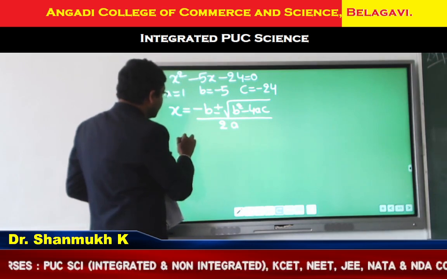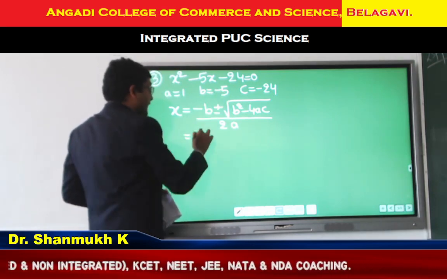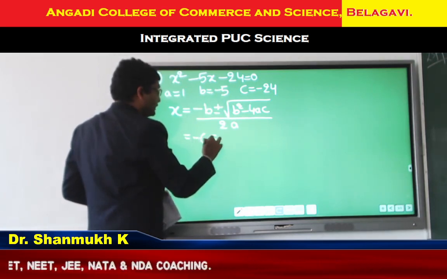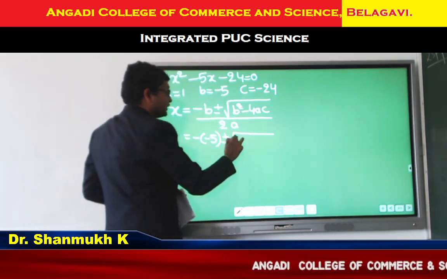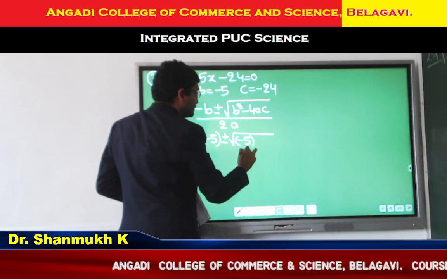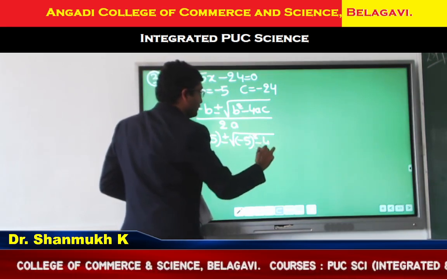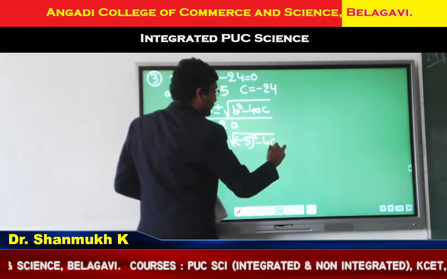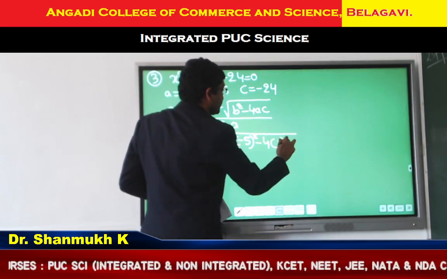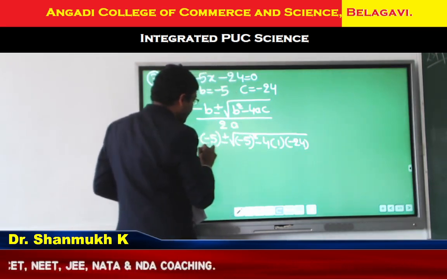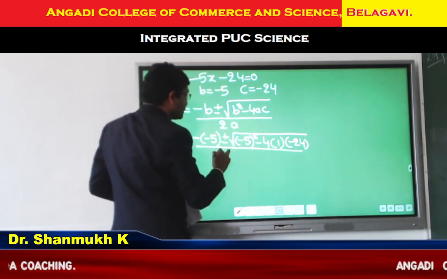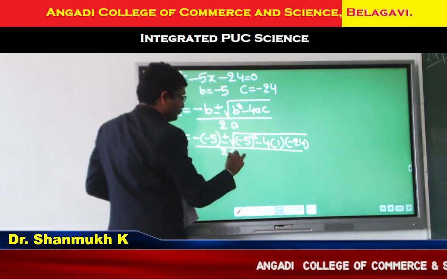So we get minus b, that is minus 5 here, plus or minus under the square root of b, we get it as minus 5 square, minus 4 times a is 1 and c is minus 24, divided by 2a, a is 1.